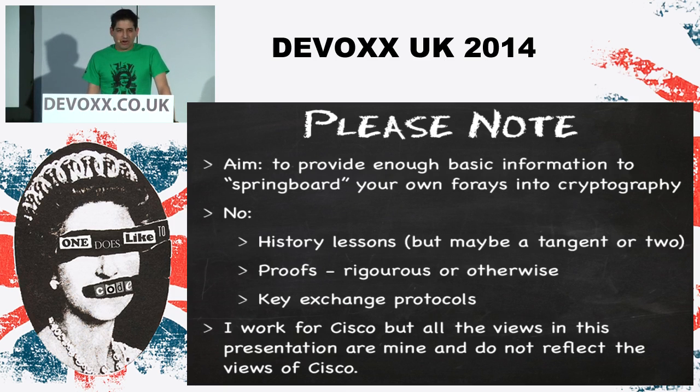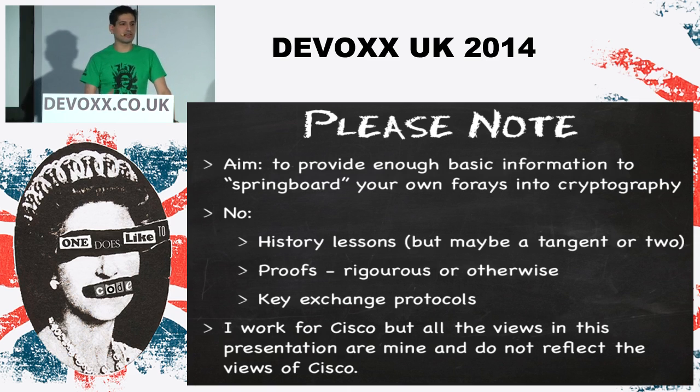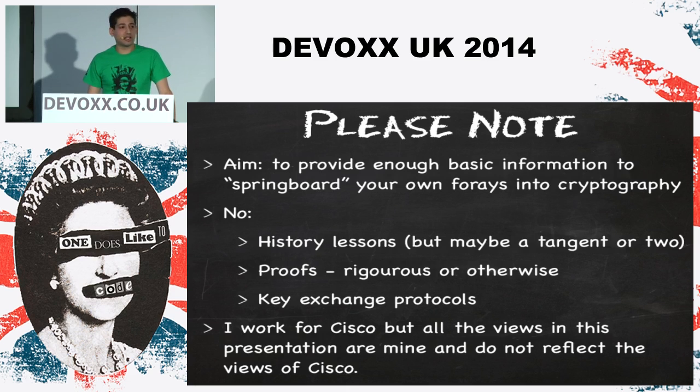I'm not going to give you an in-depth university-level guide to all of this. This is a crash course. This is going to be terms, ideas that you can then take, Google, start reading documents and understand what's in them. It's a springboard. I'm not going to give you a history lesson of any cryptography. If any of you came to my modern cryptography talk last year, there was a bit of history in that.